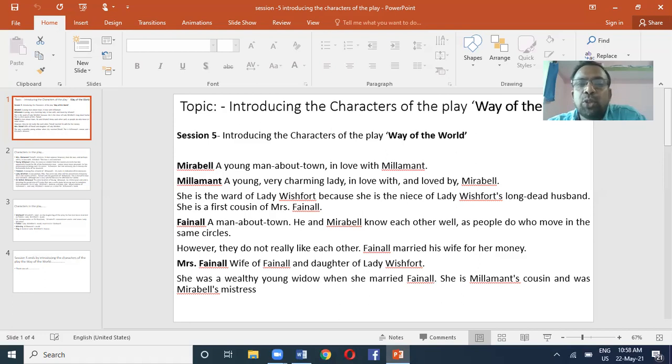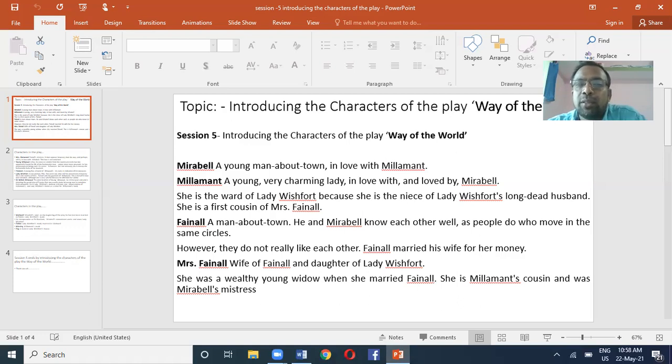See the name Lady Wishford. One more thing you should keep remembering. She was the ward of Lady Wishford. Lady Wishford was a senior character in the play, a widow. And she was the ward, the guard of Wishford.